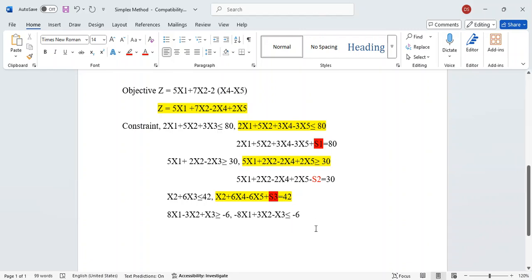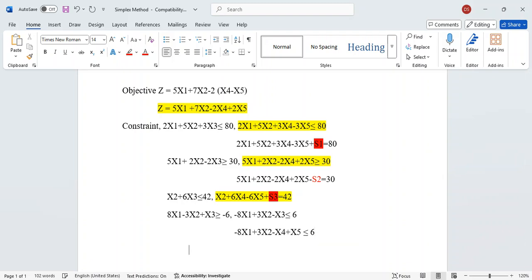Once it is written like that, the next step is to write properly because x3 is an unrestricted sign variable, so minus 8x1 plus 3x2 minus x4 plus x5 less than or equal to 6.